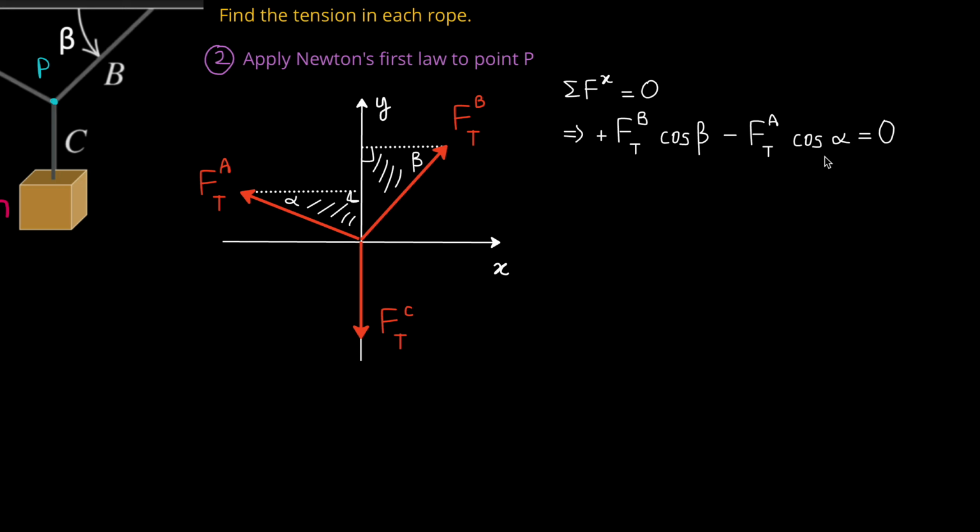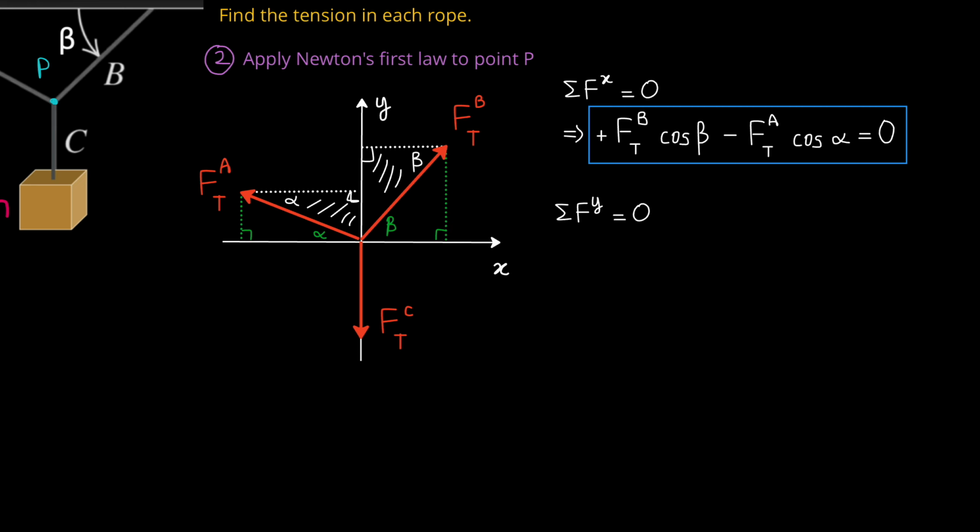Next we need to apply Newton's first law along the y direction. Basically we'll do the same thing along the y direction. Let's start with FTA. FTA is making an angle with the y-axis and the x-axis, so we need to find its y component. Following the green dashed line and the angle alpha, if we focus on this triangle, we see that the vertical dashed segment represents the y component of FTA.